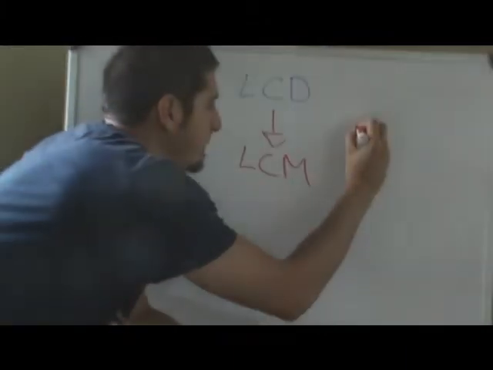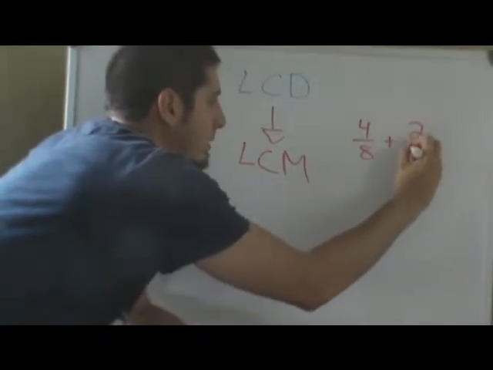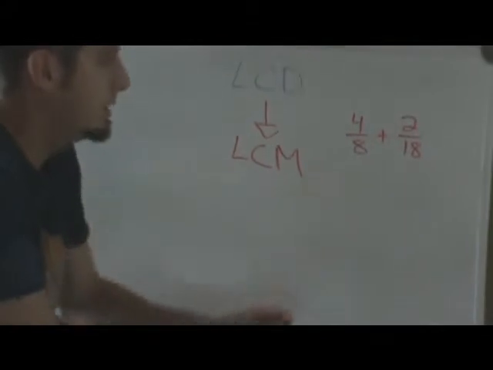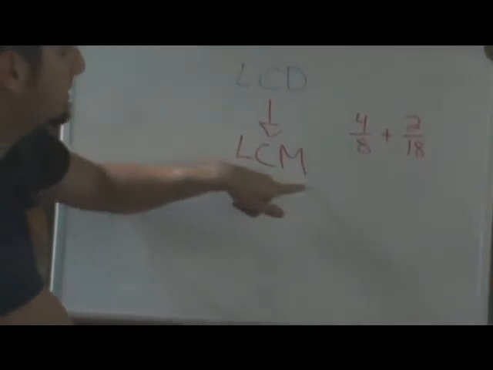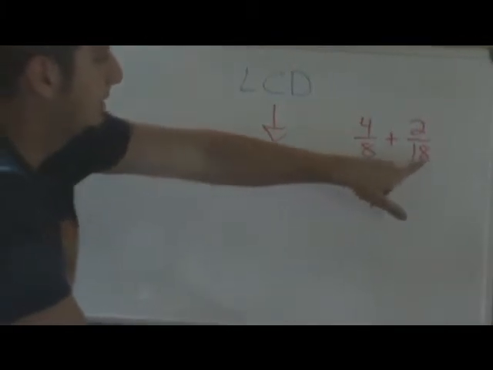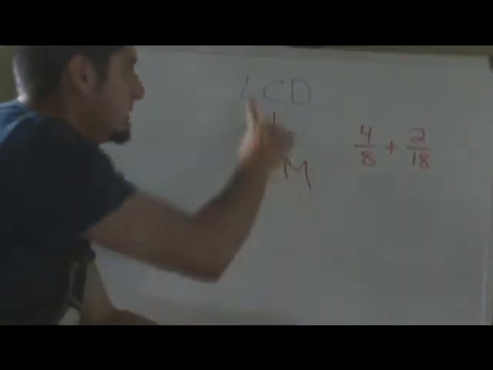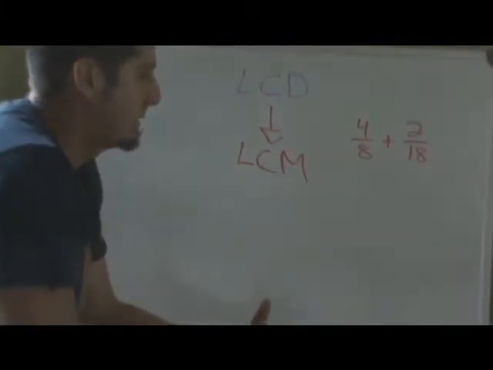So when I have 4/8 plus 2/18, if I want to find a common denominator, or the lowest common denominator, I would have to find the LCM of both 8 and 18. They're the same exact thing. LCD and LCM are actually the same thing.